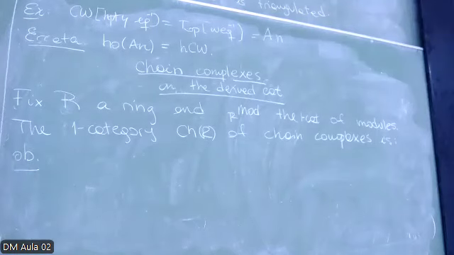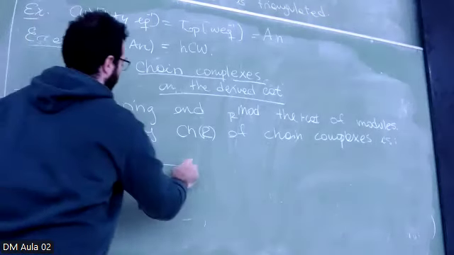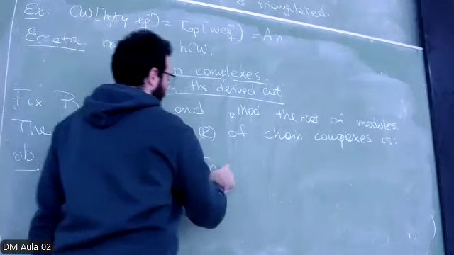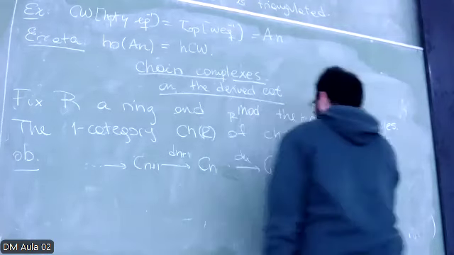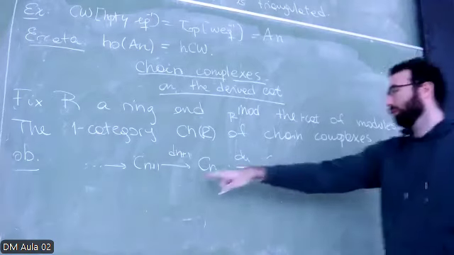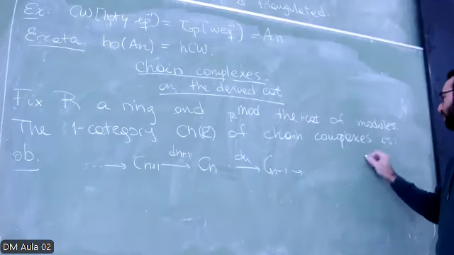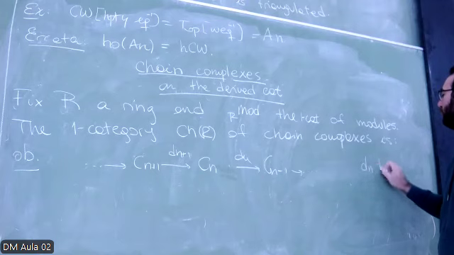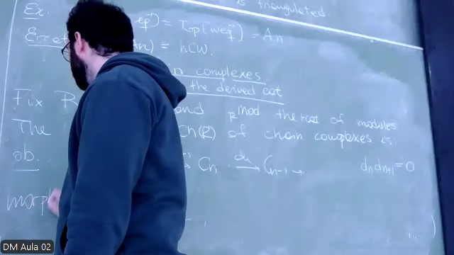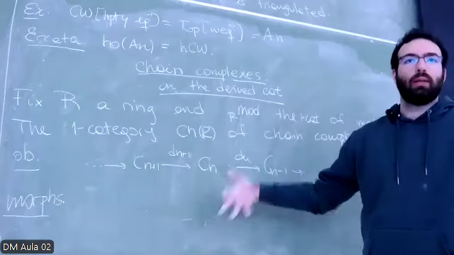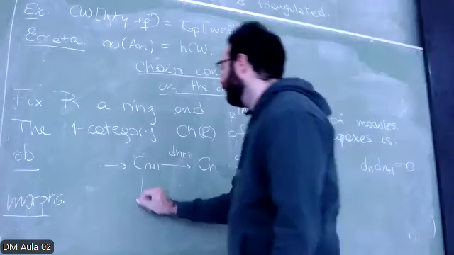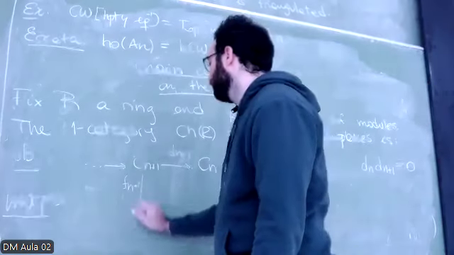Objects are chain complexes, and these are sequences of modules with maps between one and the next. And they satisfy a condition, which is that if you do a map on the next one, then you get 0. And then morphisms are a sequence of maps from each C_n to D_n, the nth term of another chain complex. And you ask for these maps to commute with the differentials.